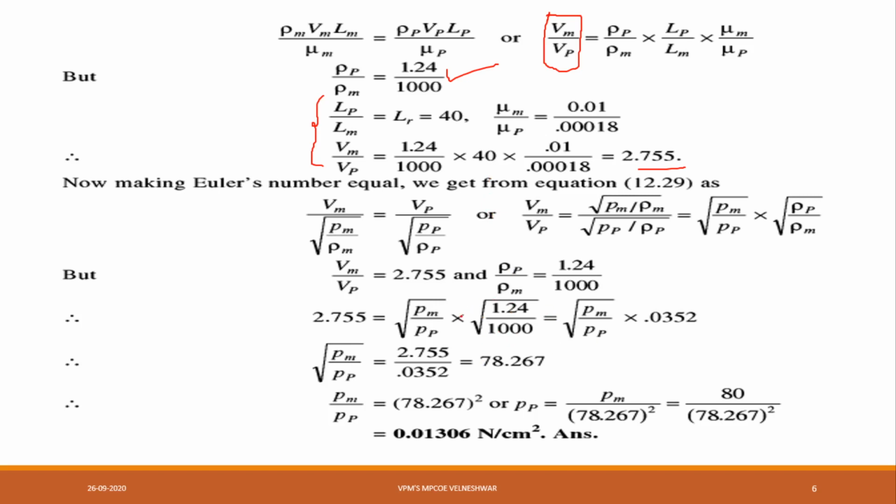By calculating, I get square root of Pm by Pp equal to 2.755 divided by 0.352, that is 78.267. Now Pm by Pp is 78.267 whole square.